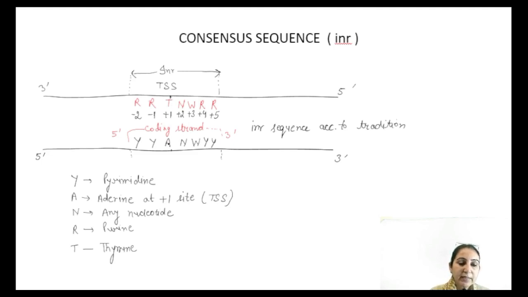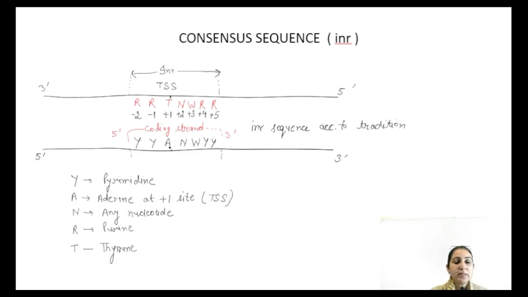So, when adenine is present here at the +1 position, the corresponding nitrogenous base here will be thymine. This is the actual transcription start site, or +1 site. Because adenine is present here in the coding strand, actually here it will be thymine.